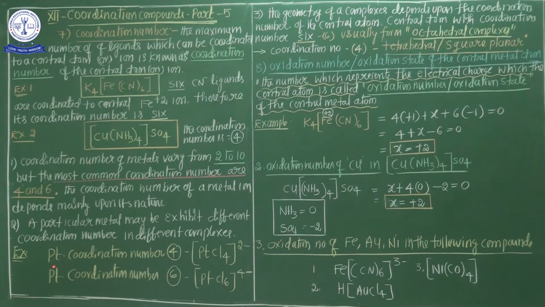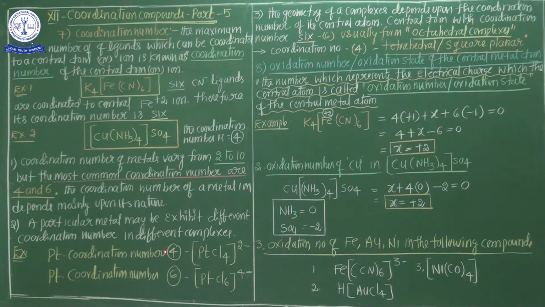For example, platinum coordination number 4, where platinum tetrachloride. Here in platinum tetrachloride, 4 ligands are there; chlorine is the 4 ligands. So that's why the platinum coordination number here is 4. One more example: the platinum coordination number is 6 in platinum hexachloride. So in platinum hexachloride the coordination number is 6, and in platinum tetrachloride it is 4.